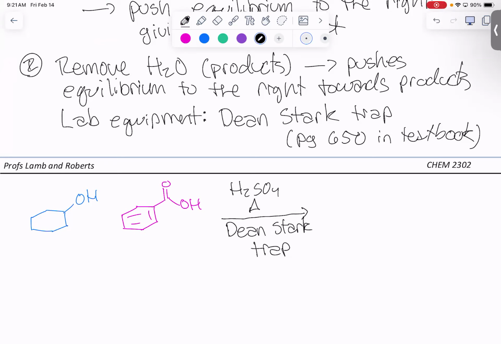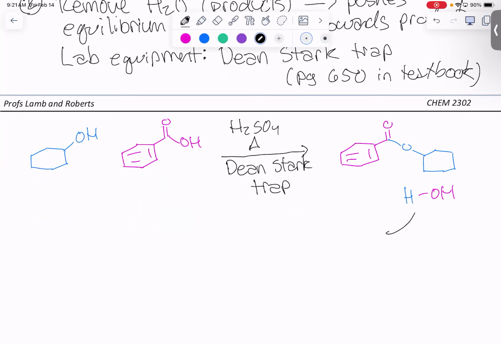It collects water on the other side, and that's why we no longer have those equilibrium arrows. Instead, we just have our product and we've removed water. I'll indicate this is removed.